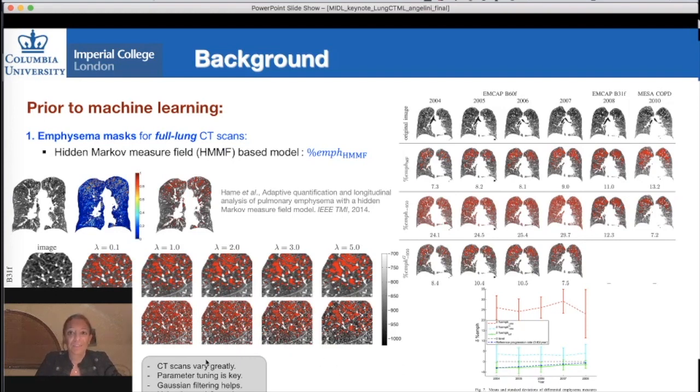So what we learned in this first phase is that CT scans vary greatly, despite what you can read in a textbook. Parameter tuning is key and can take a lot of time. Gaussian filtering can help in this type of data where you have lots of texture, but also quite some noise sometimes, and using normal cases was really key for us in this initial phase of development.